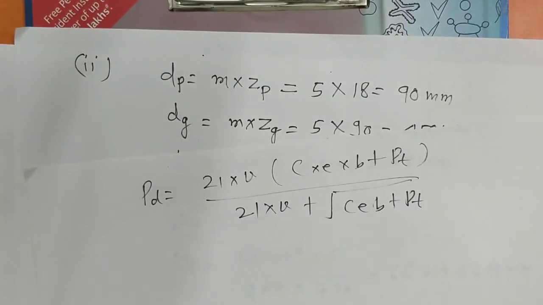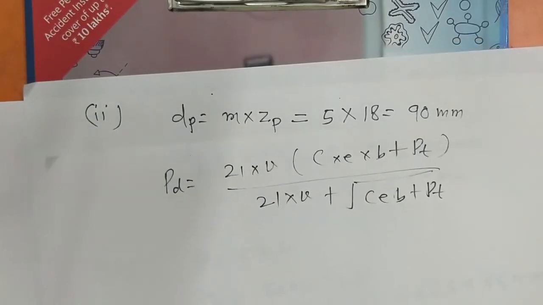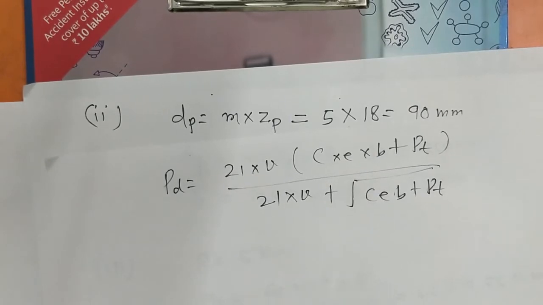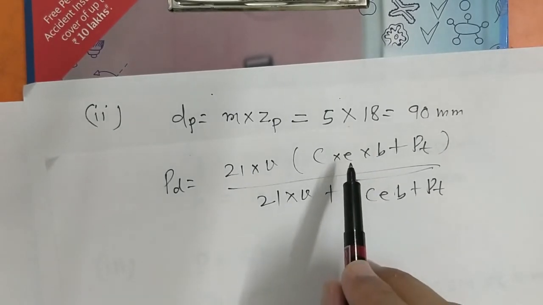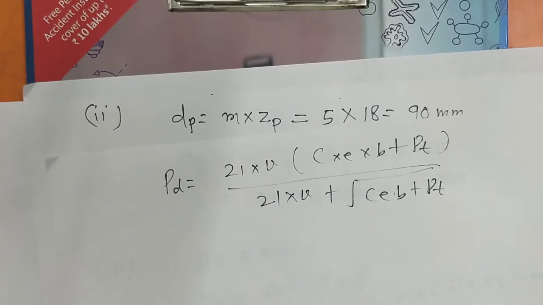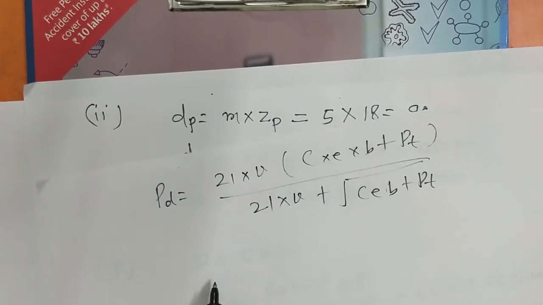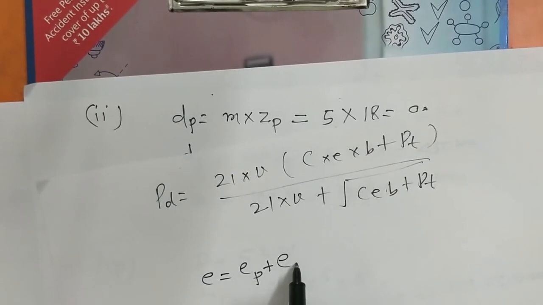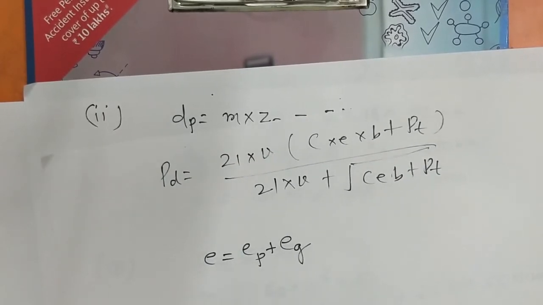So for this, the error can be given from the empirical relation; we can take the formula of error from the table. So error is given as E equals Ep plus Eg, error on pinion plus error on gear.